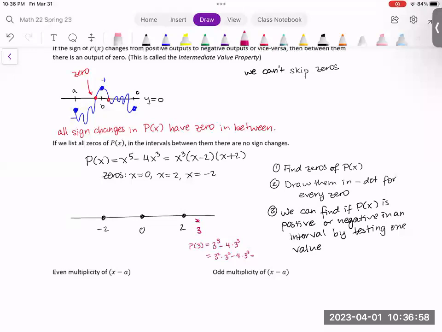So 9 minus 4, or 5 times 3 cubed. This is positive. And we're not allowed to have any sign changes, so throughout this whole interval we're always going to be positive. So we're positive at every x value that is greater than 2.